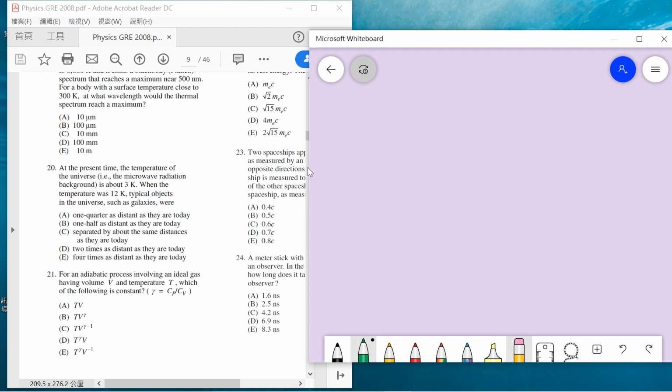The one thing you need to know is that this temperature is basically the inverse of the cosmic scale. We know that the temperature now is 3K, and before it was 12K. So that means the cosmic scale is 1/4. So the answer is A.